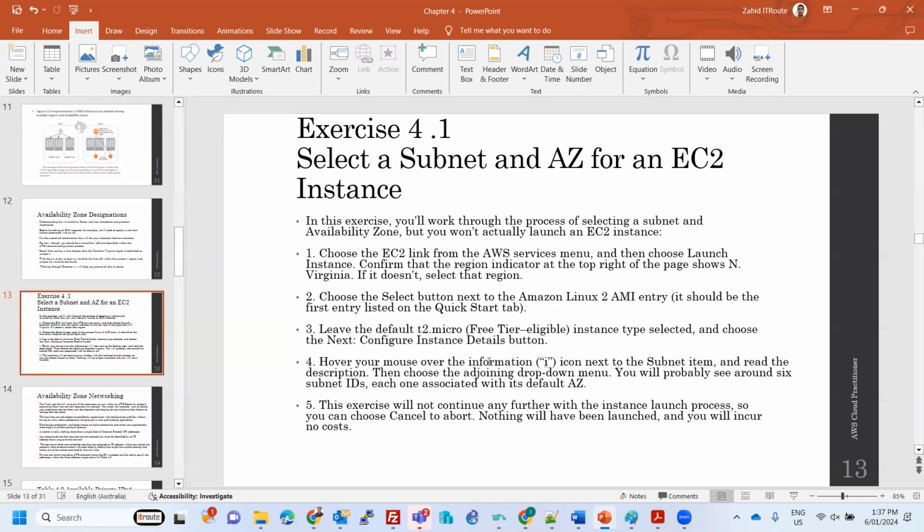Hover your mouse over the information icon to see the subnet item, read the descriptions, then choose the adjoining drop-down menu. You'll probably see around six subnet IDs, each one associated with its default AZ. This exercise will not continue any further with the instance launch process. So you can choose cancel or abort. Nothing will have been launched and you'll incur no cost.